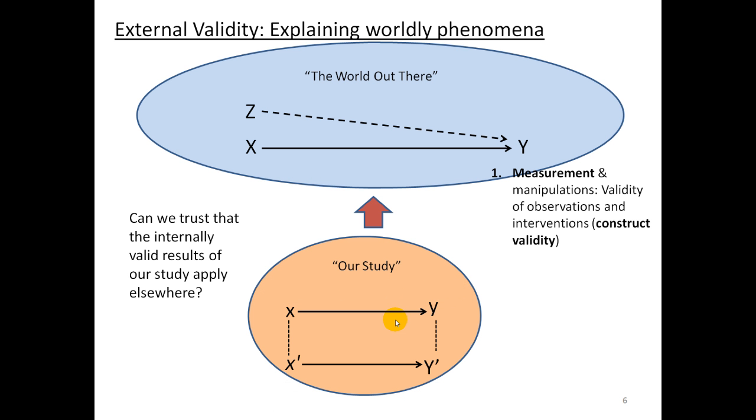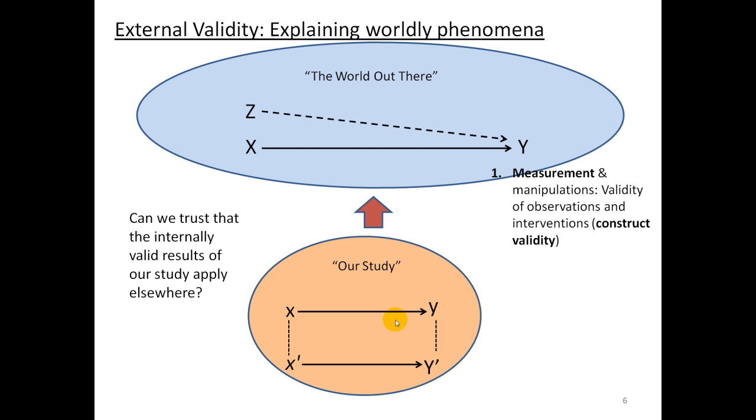All of this concerns the issue of measurement. Measurement, and in some methods, interventions or manipulations, concern the validity of observations and those interventions. And these, collectively, we might think of as construct validity. Do we have in our study construct validity in our measurement?